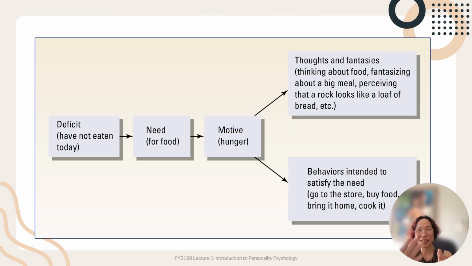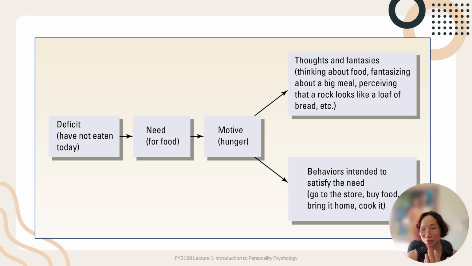For example, if we haven't eaten today, then the deficit is in food. So the need is we need food. And because we haven't eaten today, we feel hungry. The motive is hunger, lack of food, the need of food, and the motive is hunger.